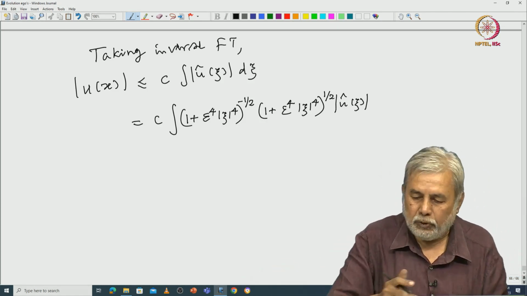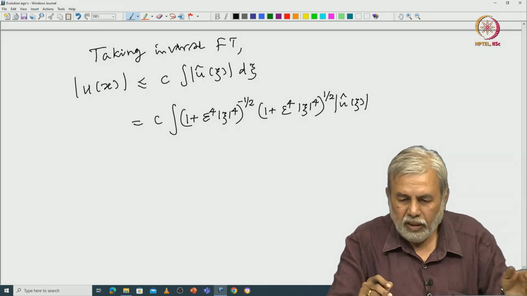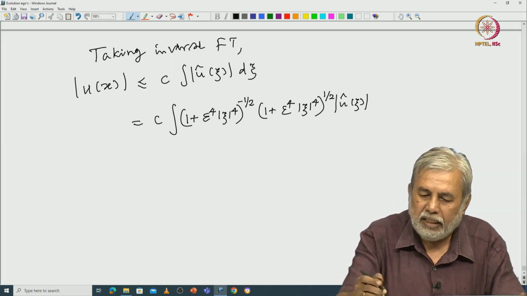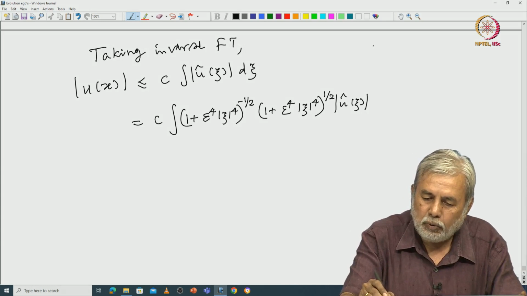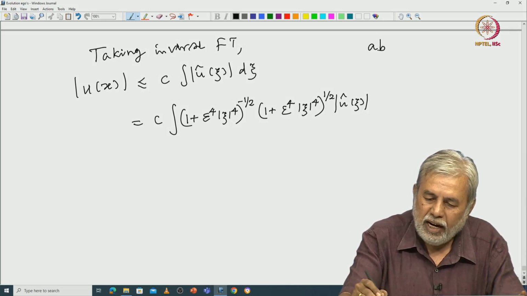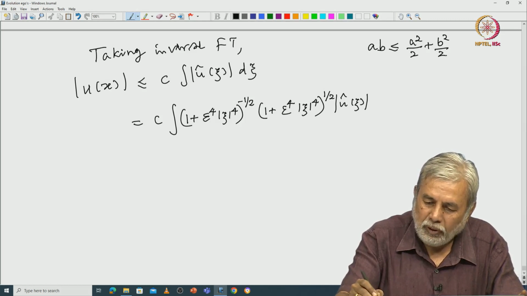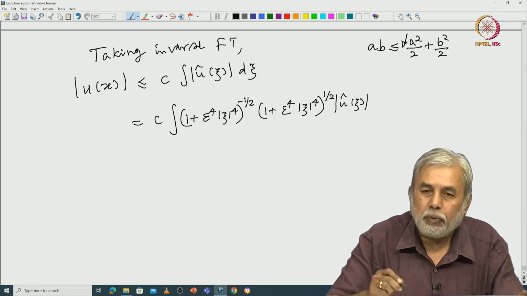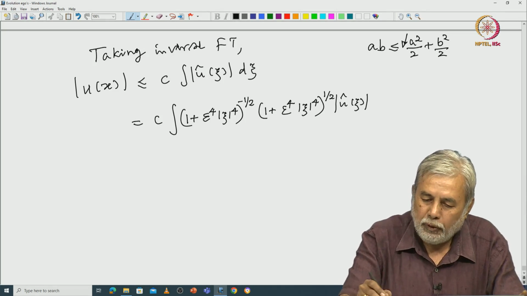Why these factors? Let me recall a similar thing. If I use Cauchy-Schwarz, if A and B are positive, always write this, simplest thing, right. But suppose I want an epsilon factor to come here. What do I do?